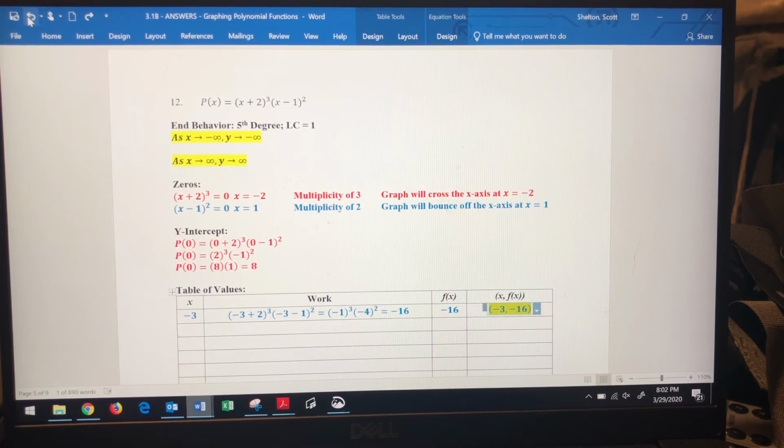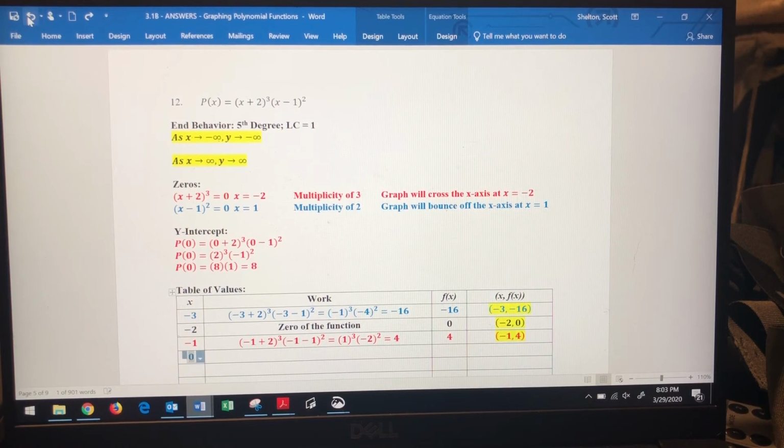I'm going to let you cut that out if you want to, because we already know the end behavior, and we're just really drawing a quick graph here. Next point we know is our x-intercept, and the graph will cross the axis there. Next value, -1, we actually have to do a little work. We get +4 when we plug that into the function, so the point (-1, 4) will be on the graph.